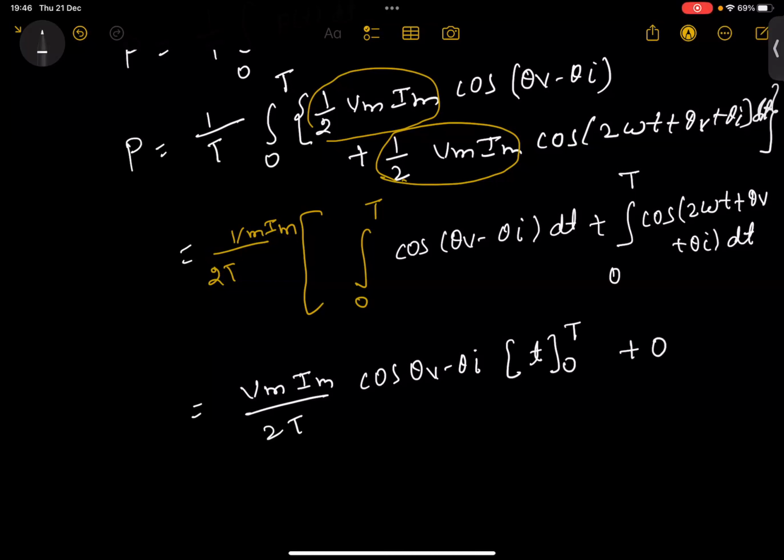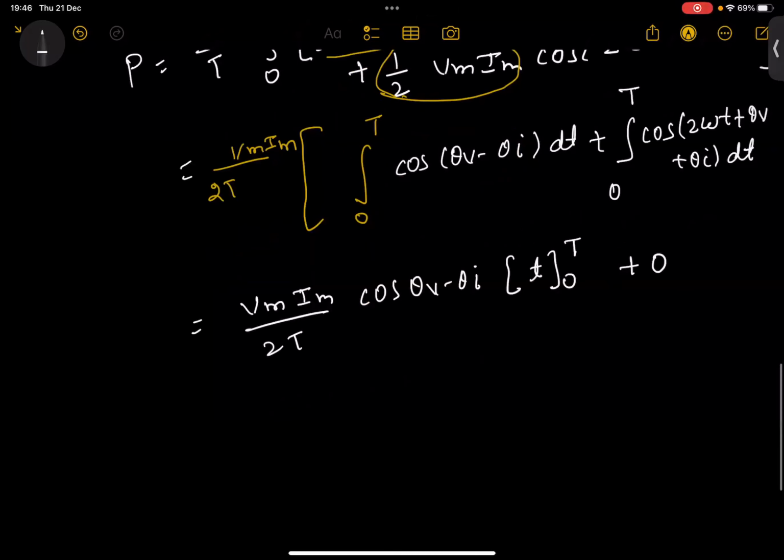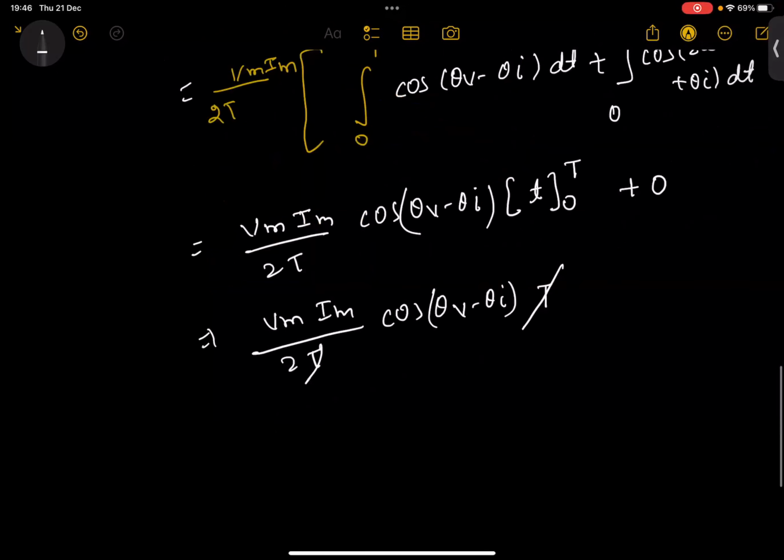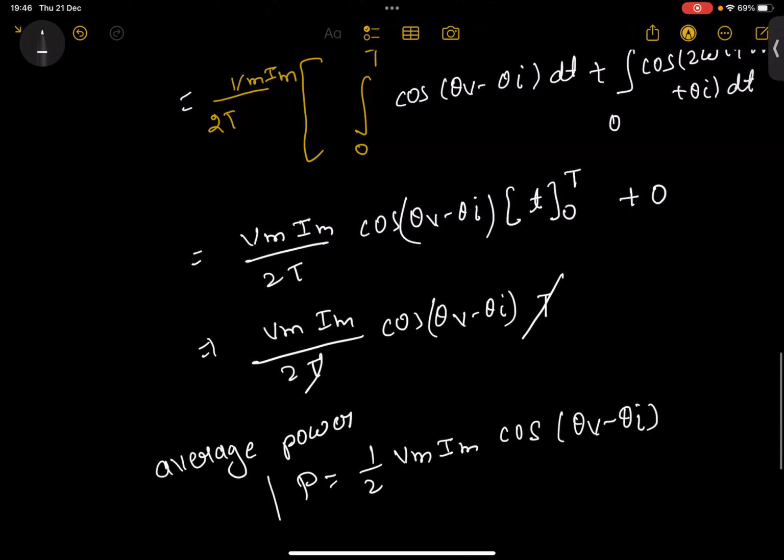So Vm Im by 2T cos(theta V minus theta I) times T, T cancels out. Then the average power P is 1 by 2 Vm Im cos(theta V minus theta I). This way.